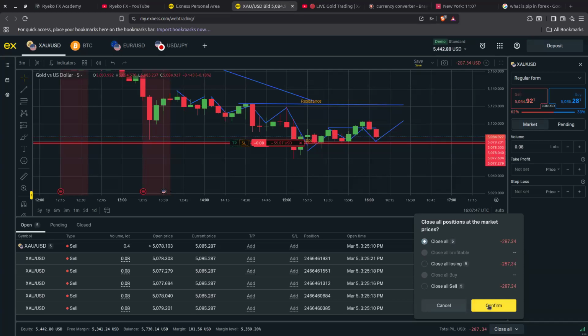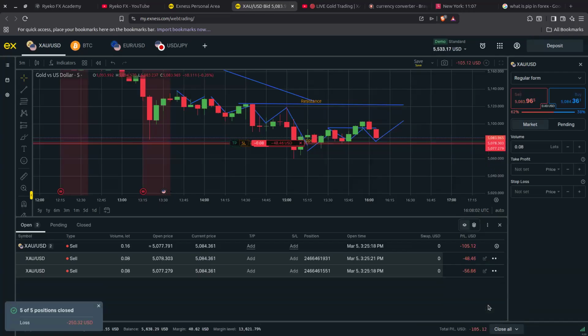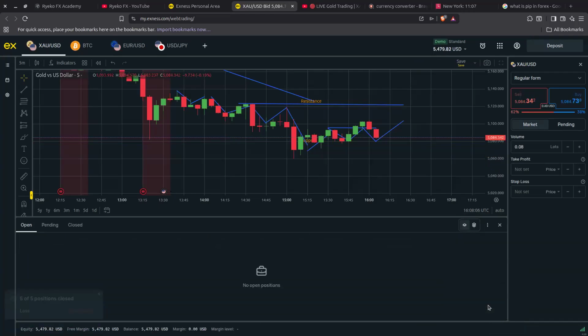Should we close it and start again, or wait for it to drop below? I've closed those losses. You know why I've closed that. The other loss was too big.